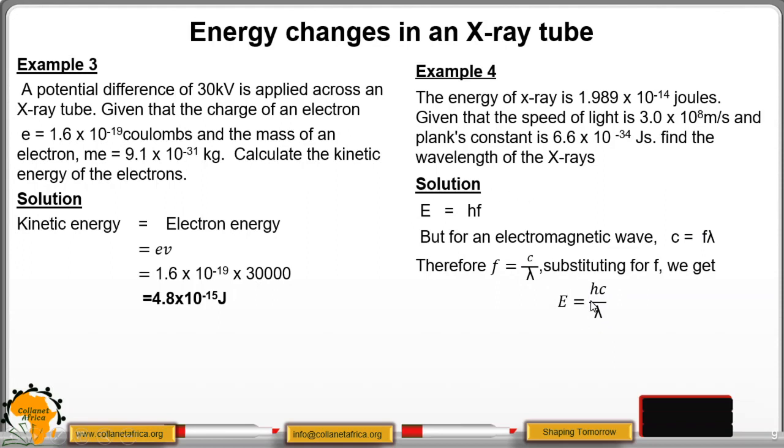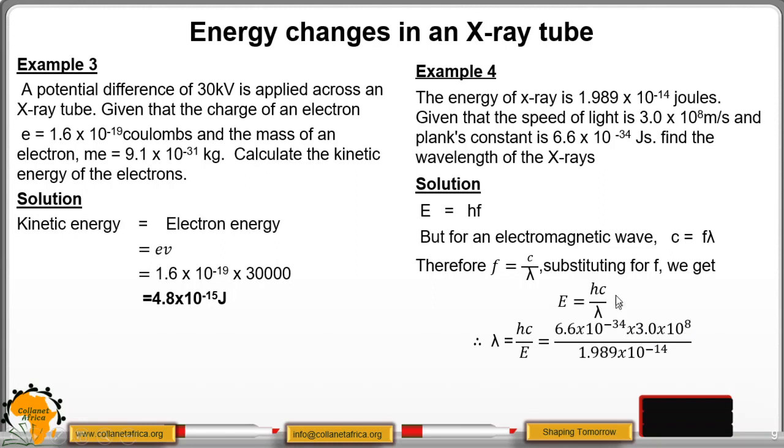We have done it earlier. So again, we make lambda the subject of the formula. So our lambda will be hc over energy. And the energy is given here. So again, you put the values. This is the Planck's constant, 6.6 times 10 to the power negative 34. Then this one is the speed of light. This one that is given 3.0 times 10 to the power 8.